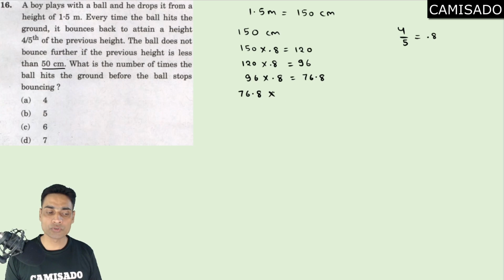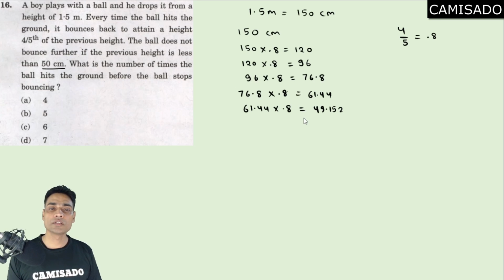As I have told you, the calculation part I have already done, so I am not multiplying in front of you. So it's 61.44, and lastly 61.44 when multiplied by 0.8 will be equal to 49.152. Now after that the bounces we will not count, because this height has become less than 50.